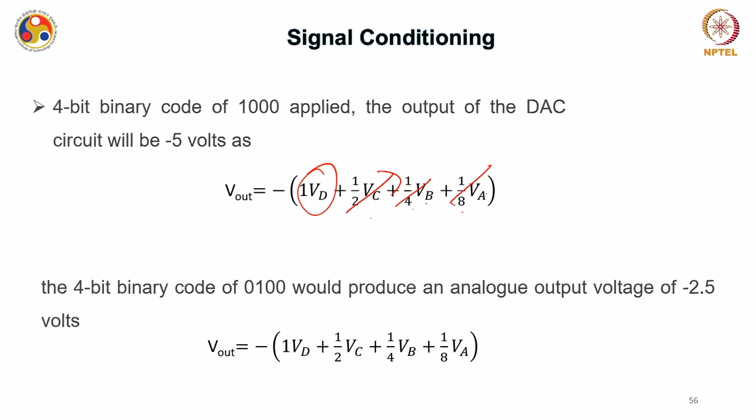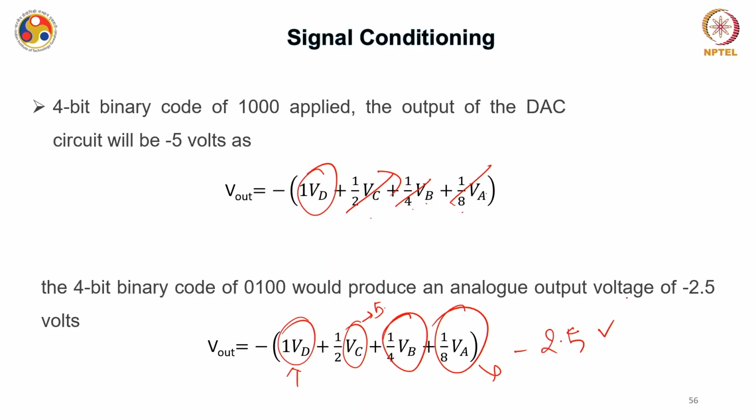Now, if the 4-bit binary code, say for example 0100, is applied, that will produce an analog output voltage of minus 2.5 volt, as this is 0, this is 0 and this is also 0. So you have only Vc as 5 volt, this was high, and then your output is minus 2.5 volt.